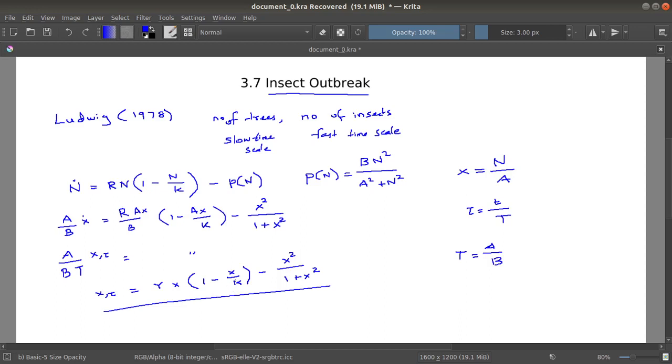And if you see, k is K by A, right. So if the number of trees increases, this small k is going to increase. And this mentions the birth rate for that dimensionless variable.